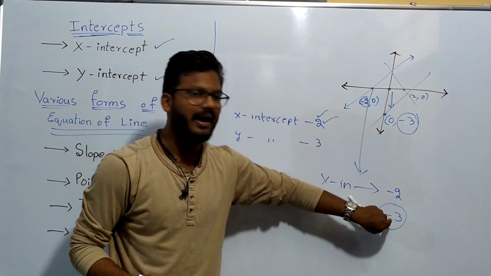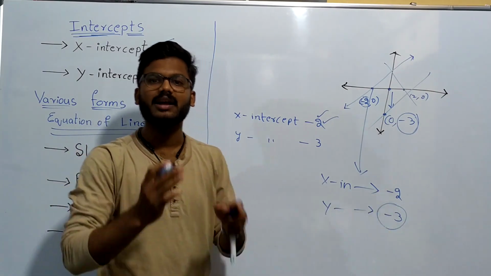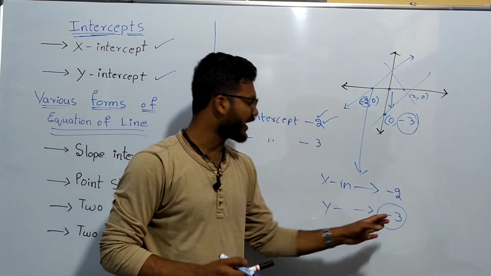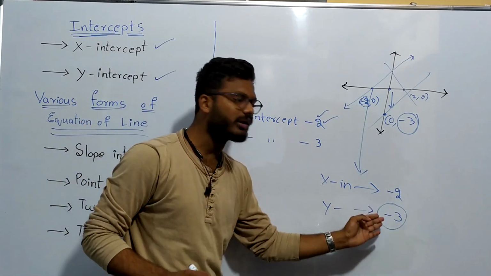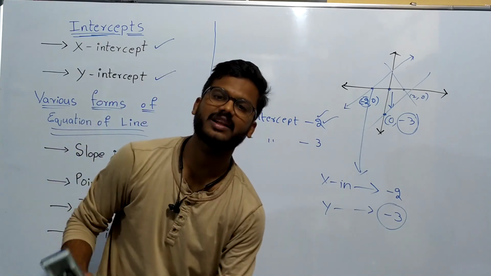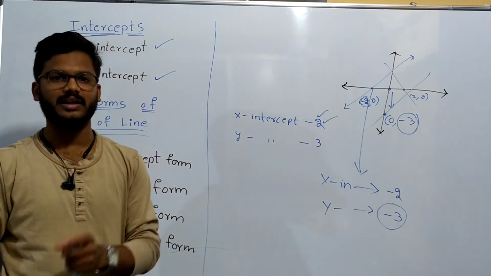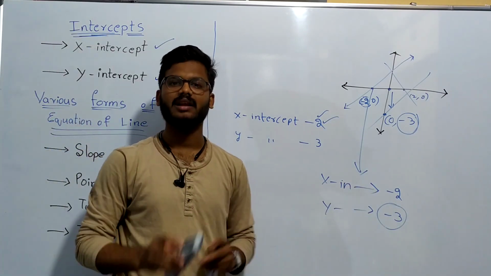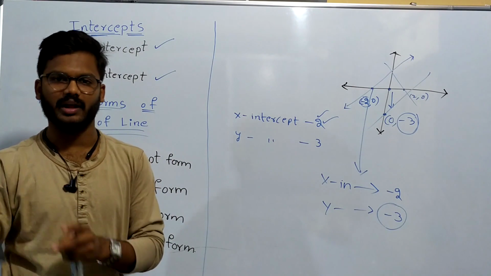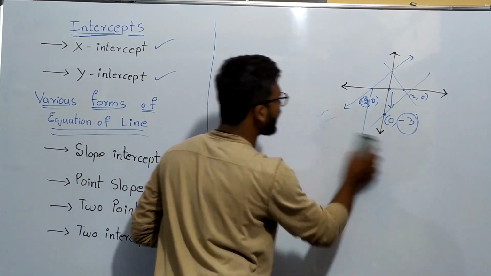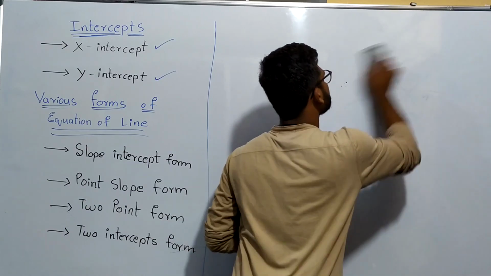So the negative sign indicates the negative direction, but not distance. The definition is that the x-intercept and y-intercept are the distances from the origin, whereas the sign indicates the direction, whether positive or negative. Clear? So let us see an example for this one.